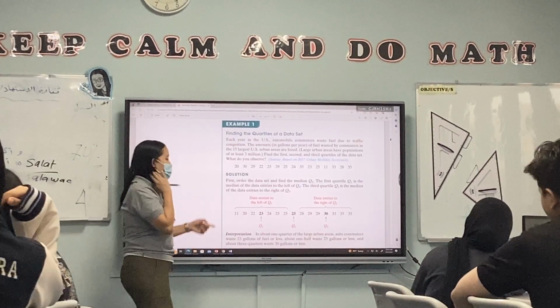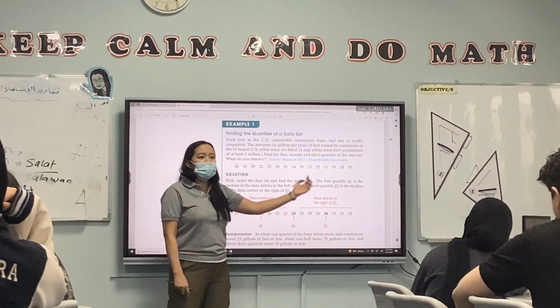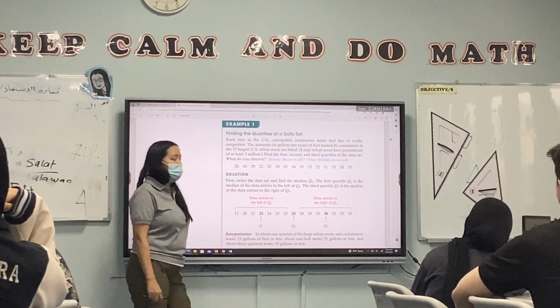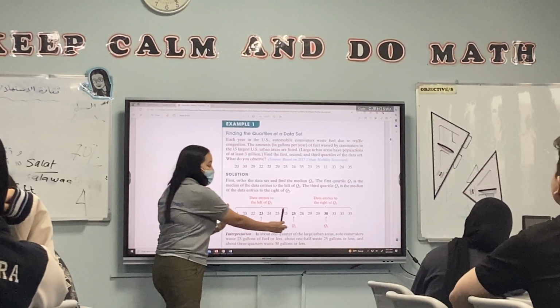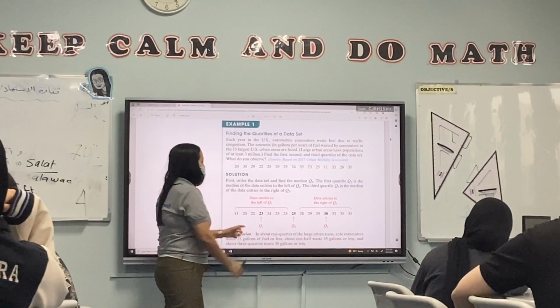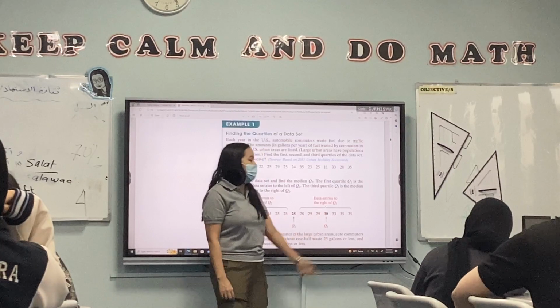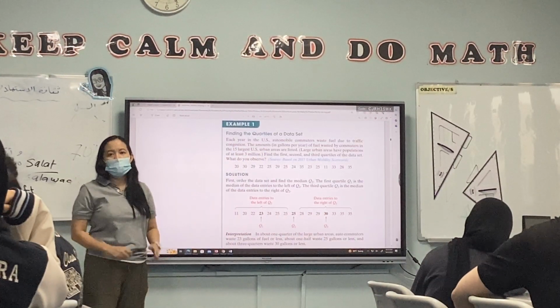So the second thing that you will do is find the middle. And that middle is quartile 2. Then? Find the middle of these 2 values, and that will be quartile 1. And then find the middle again, and that will be quartile 3. And that is a 5-number summary.